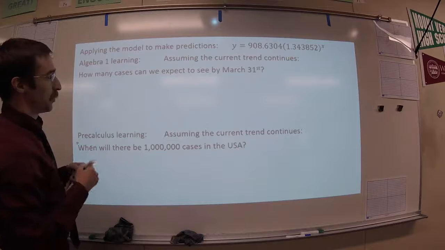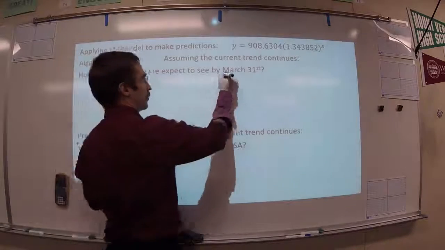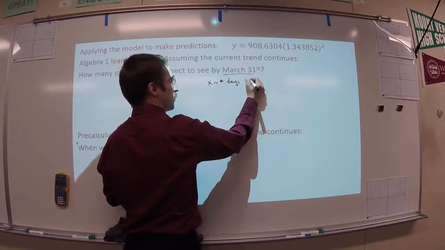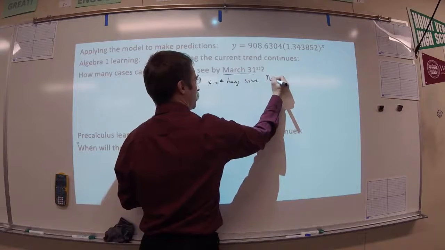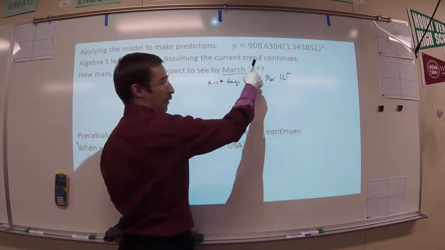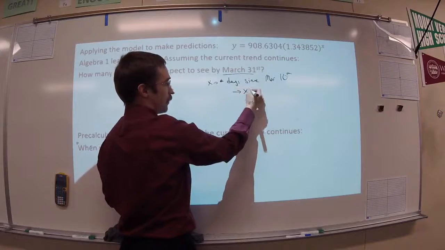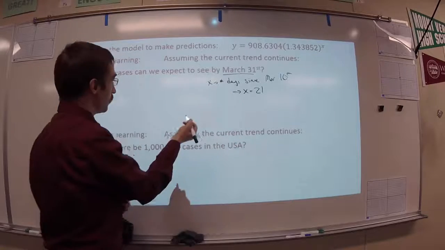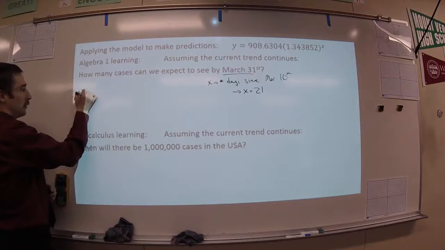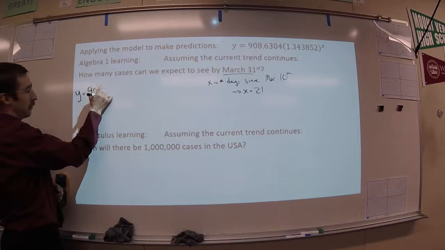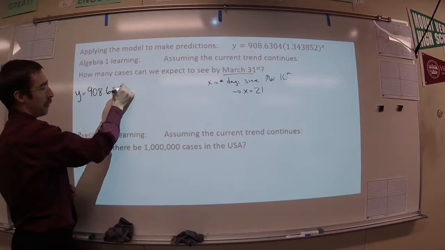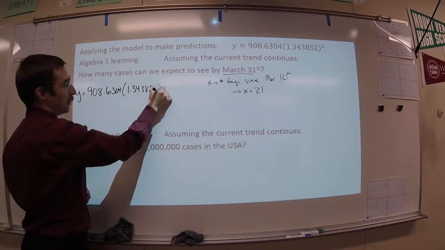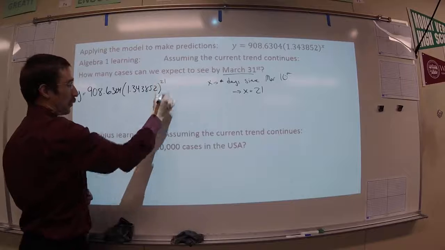Starting with the Algebra 1 learning target. March 31st. Remember, x is the number of days since March 10th. So if it's March 31st, x equals 21, because 21 and 10 make 31. We go to our model, 908.6304 times 1.343852, and instead of an x we put in a 21.